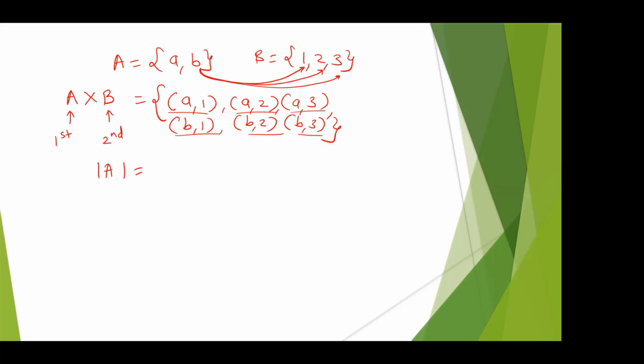The cardinality of A is 2 elements. The cardinality of B is 3 elements. And the cardinality of A Cartesian product B is 6. Is there any correlation between these numbers? Yes, that's right. It's the product of the cardinalities of A and B.